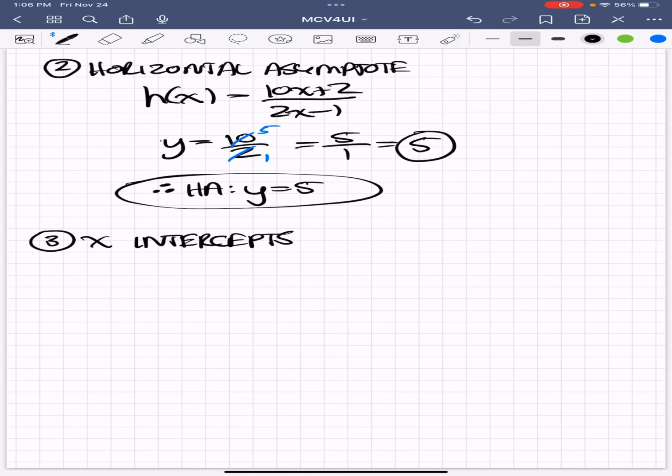So the x-intercepts are the zeros of the numerator. So set the numerator equal to 0 and solve for x. As I said before, the x-intercepts are the zeros of the numerator, so set the numerator equal to 0 and solve for x.